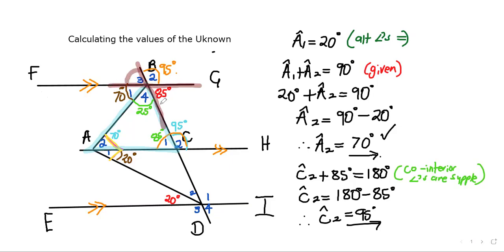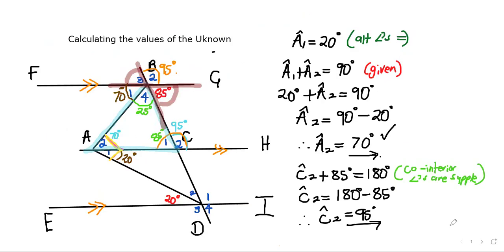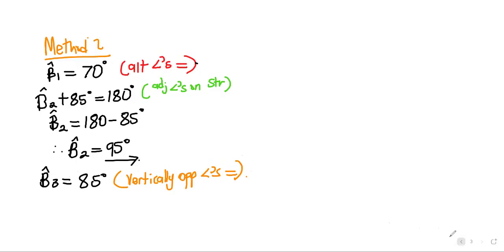Then B3 is equal to 85 degrees, because vertically opposite angles are equal. And that's not only the method that you can use.